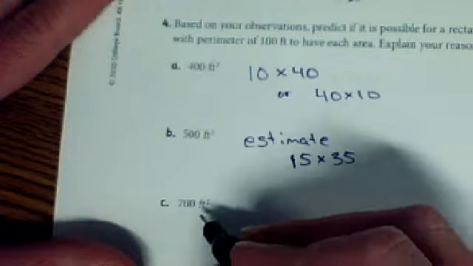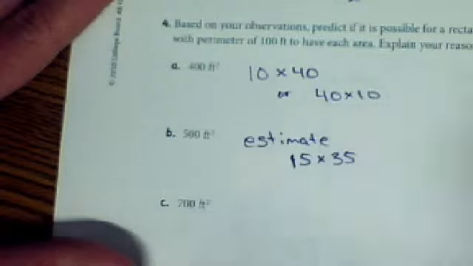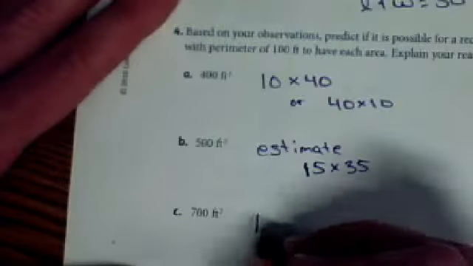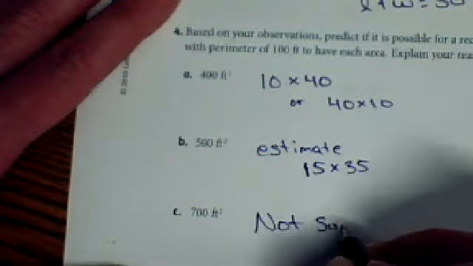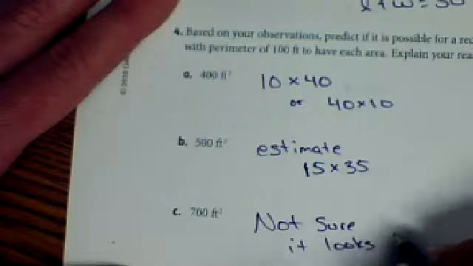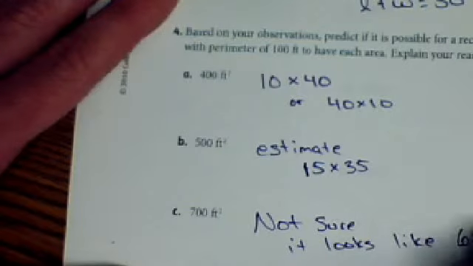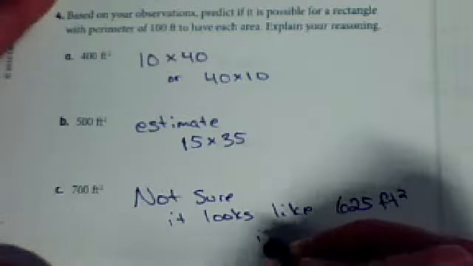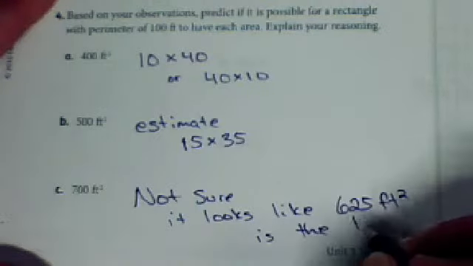The next one asks us, could we have an area of 700 feet squared? I'm not seeing it. We got up to 625 and then it started going back down. So let's put we're not sure. It looks like 625 feet squared is the most, or the largest area.